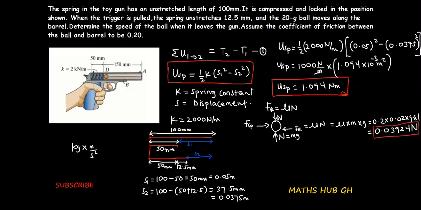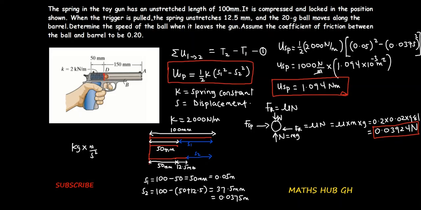Now let's look at what you need to do again. You need to calculate the work done by the friction. At first, the ball was at this position here, as shown, and then it's unstretched by 12.5 millimeters. Which means that it will move a little distance. Let me indicate that with a different color.